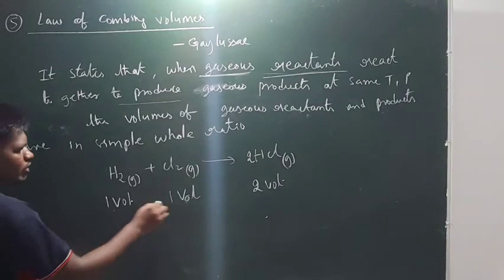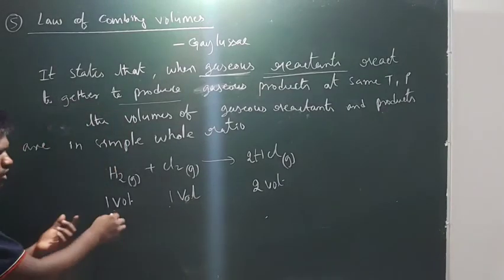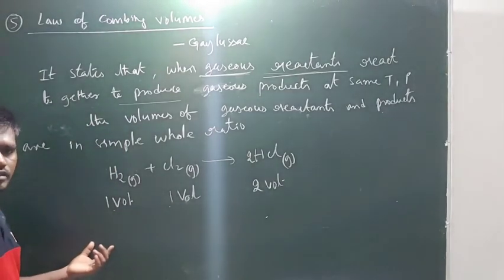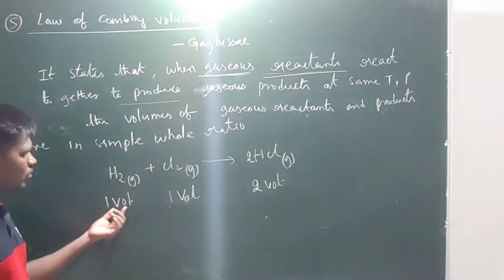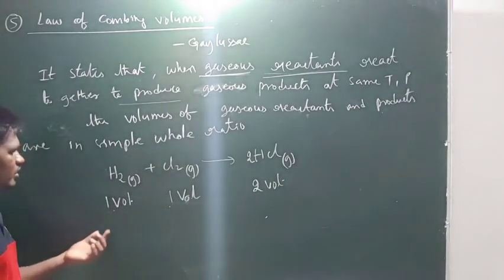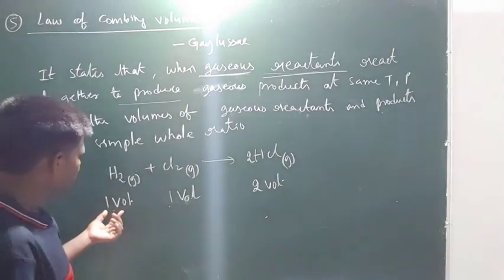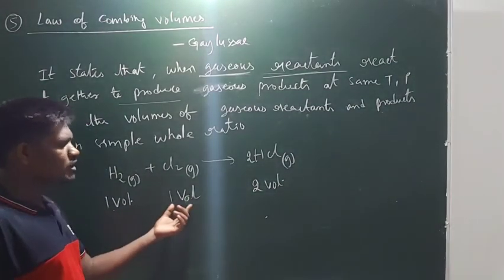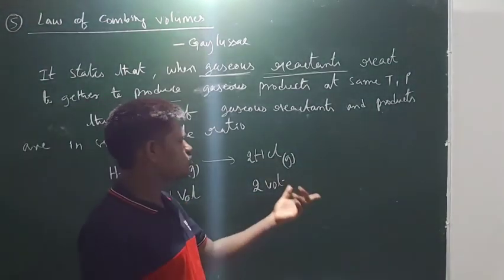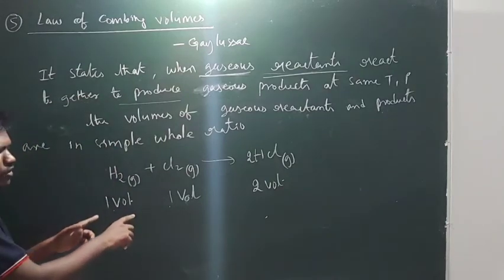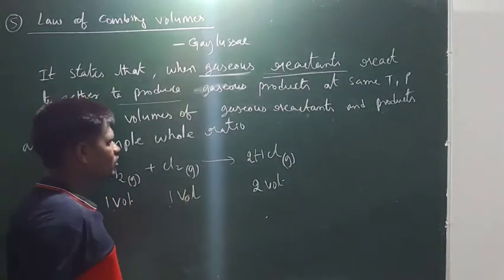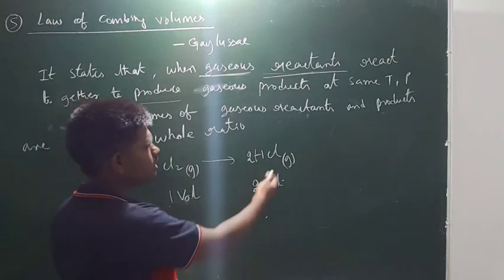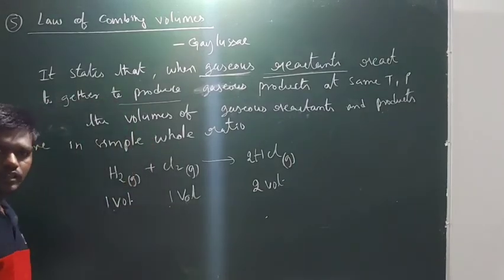Here, 1 volume may mean 1 liter, or maybe 1 milliliter, whatever. Here 1 volume means maybe 1 liter, and 2 volumes means 2 liters. If 1 liter of hydrogen combines with 1 liter of chlorine gas, you get 2 liters of HCl. Right, guys?